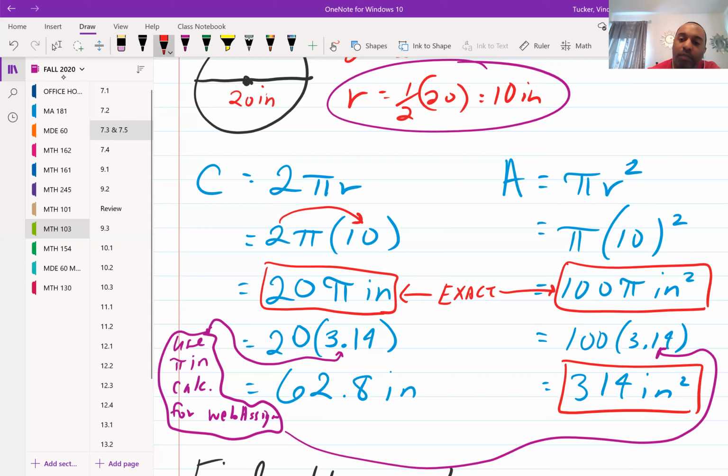And don't forget inches squared when you're dealing with area. And then calculate 100 times pi, or 100 times 3.14. It'll be approximately 314. Once again, inches squared. Those will be your answers.